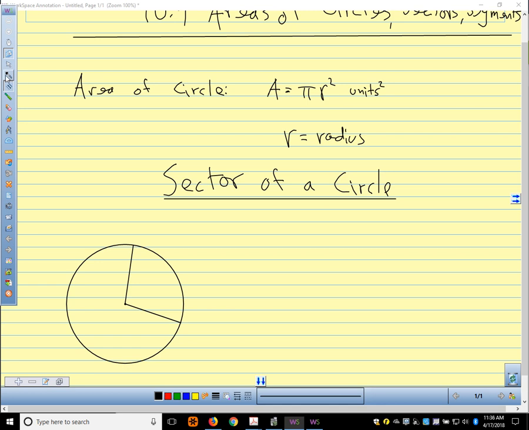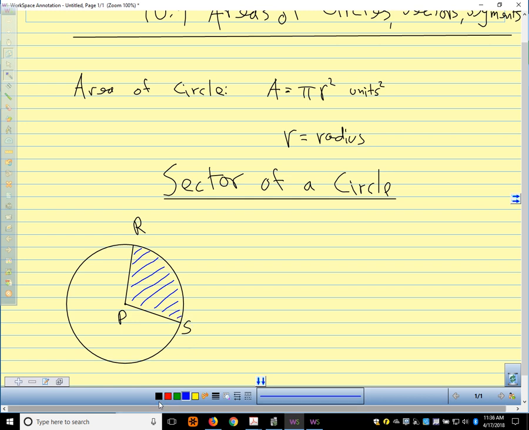I'm going to call this R. The center of the circle is P, and this point is S. The sector is the shaded part. We can think of a slice of pizza, a piece of pie. So the shaded part is a sector.